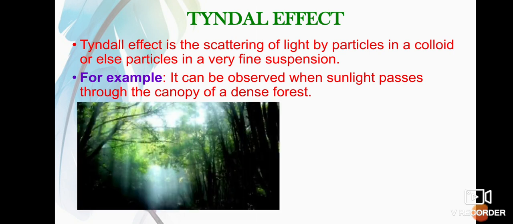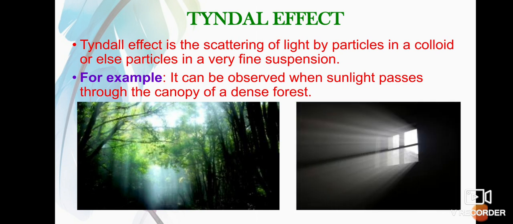In the forest the sunlight is scattered by the leaves and the branches of the trees, and it gives sunlight into the darkened place. If you look into our houses also, the light rays are coming from the window. It is also nothing but Tyndall effect. Okay, students. So Tyndall effect is nothing but scattering of light in a darkened place.